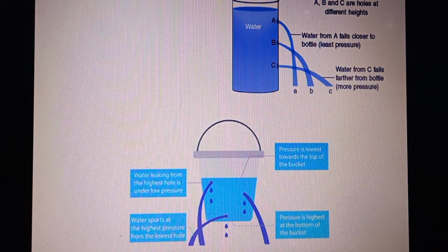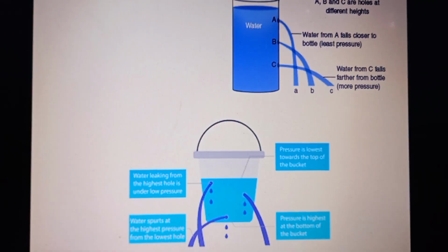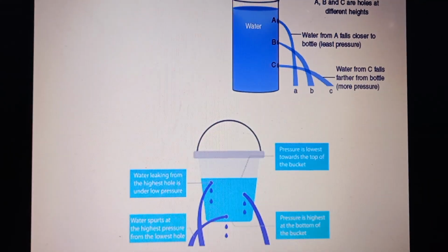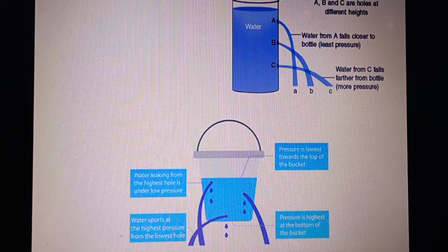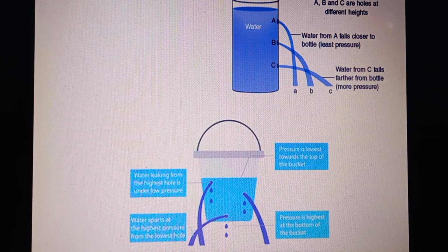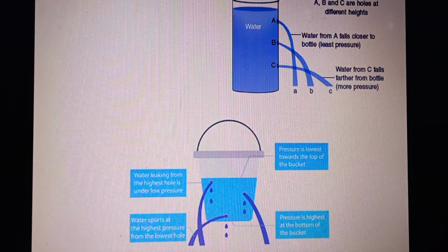Pressure is highest at the bottom of the bucket, while the water spouts at the highest pressure from the lowest hole. So again, one of the greatest factors that might affect the pressure of liquid is also the air pressure and the density of water, when it comes to its height or how deep it is.